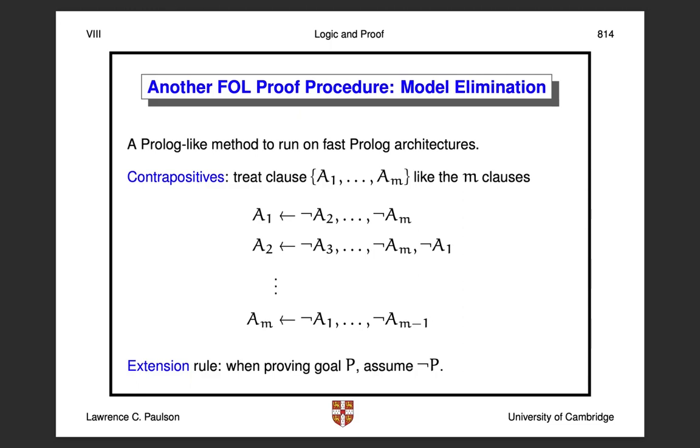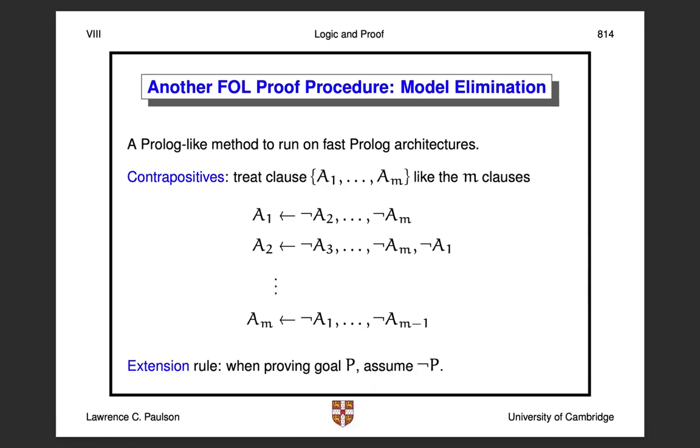So you turn this single M literal clause into M different clauses. You see these clauses are all logically equivalent; all we are doing is using the negation symbol to give, if you like, priority to one of the M literals. But in every case, the meaning is the same. The meaning of every one of these clauses is this disjunction A1 or A2 up to or AM.